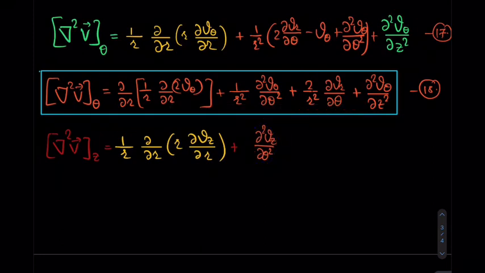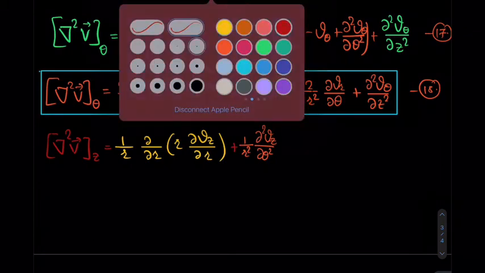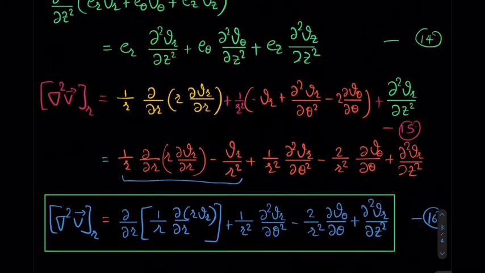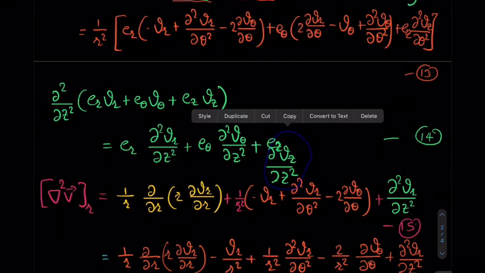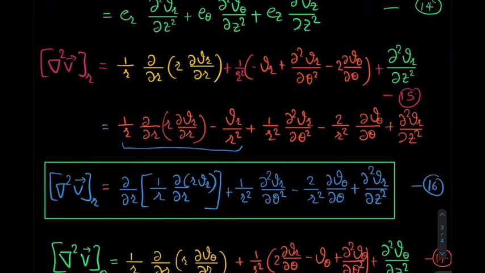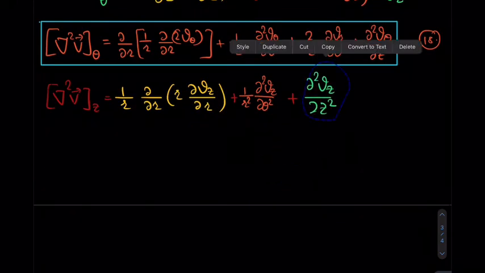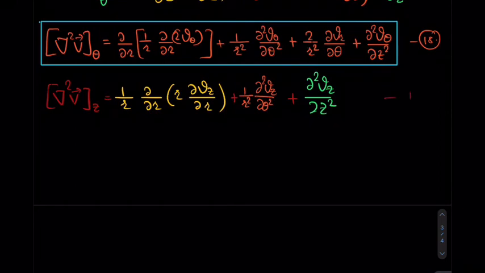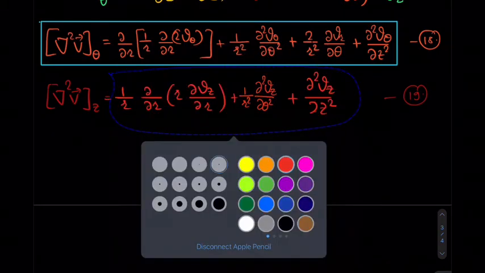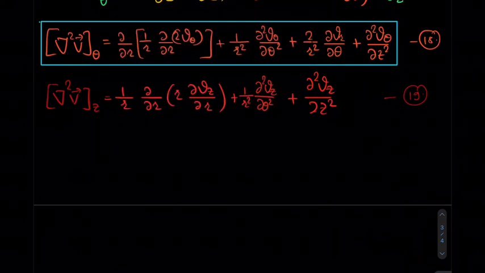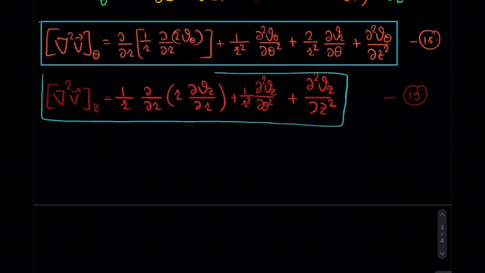So let us arrange it properly, plus 1 over r squared, and then from equation 14, the last term. Okay, let us put it over there, and this is equation 19. So this equation we are going to utilize as it is. So let us change the color style and highlight it.